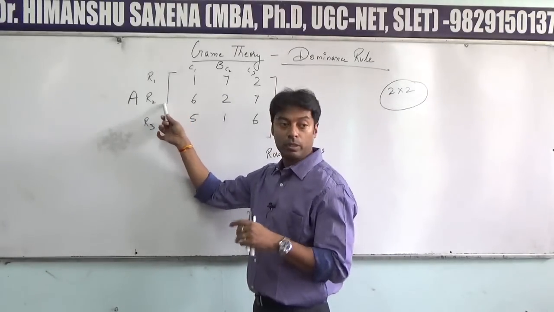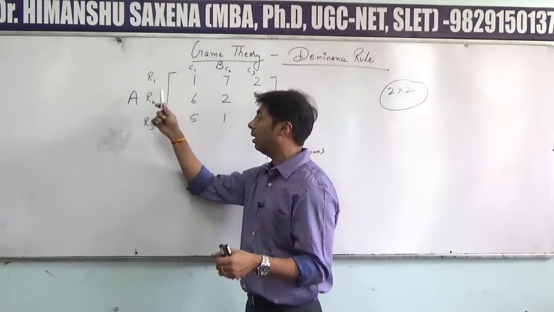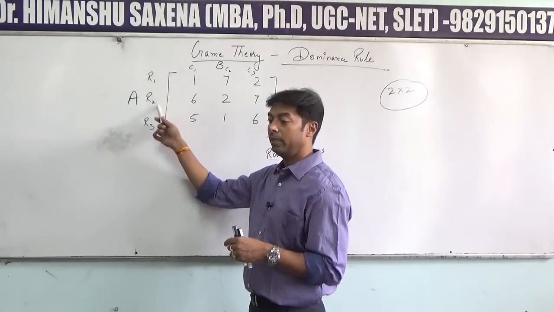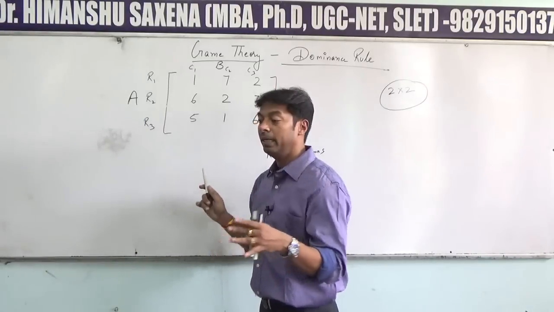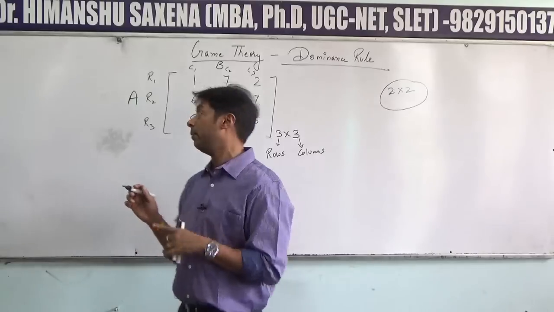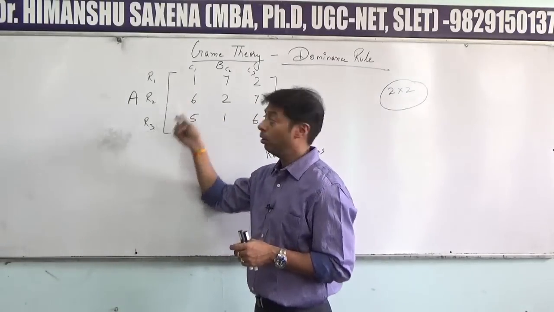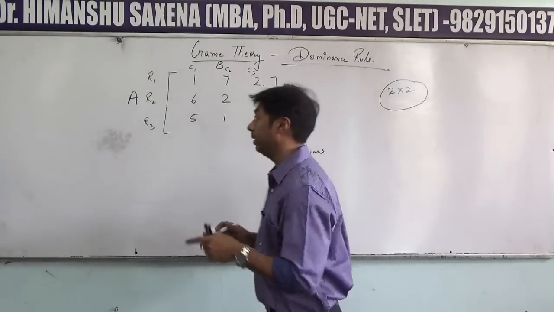If any of the row is eliminated, well and good. Otherwise, you are going to compare row 2 and the third row. Ultimately, if none of the rows is eliminated, then we will be comparing first row with the third row. So we are going to make comparisons till a row is eliminated.